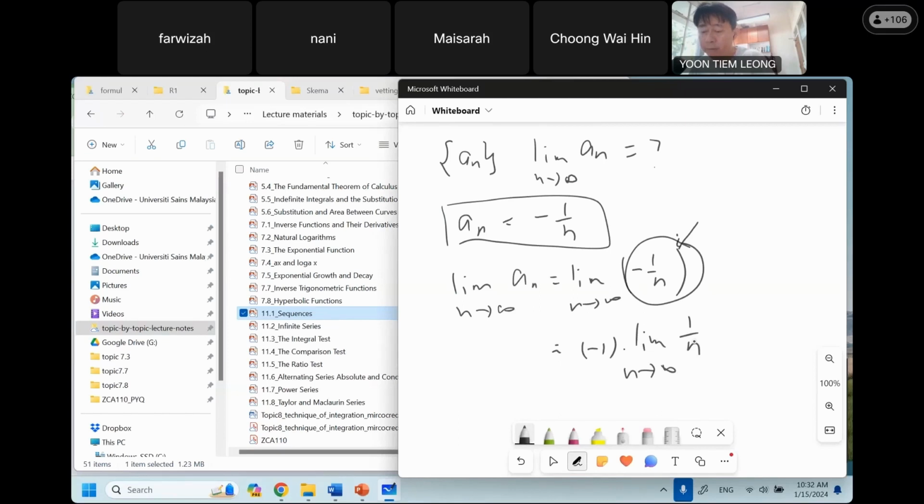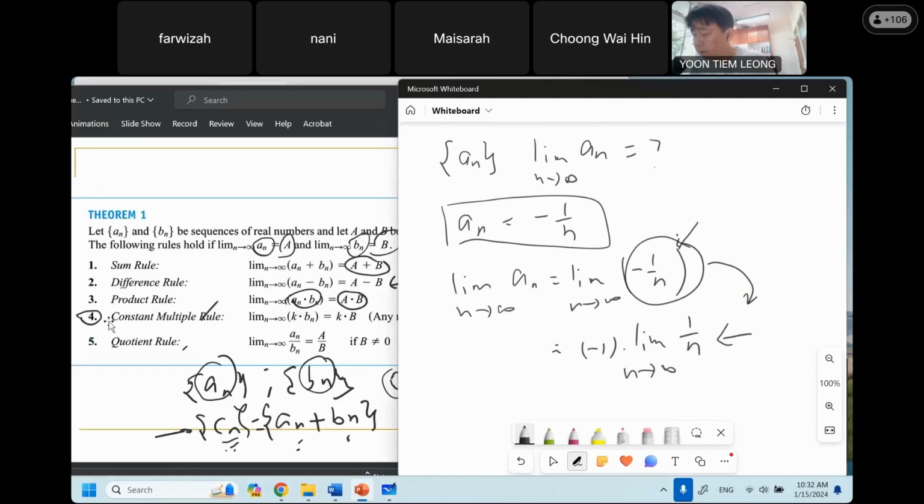So when I write down this line of equation from the previous line, I am making use of rule number 4, which is the constant multiply rule, in which k is minus 1 here. Therefore, this is simply equal to minus 1 multiplied by the limit of 1 over n as n goes to infinity. That is simply equal to 0, so minus 1 times 0, which is 0.